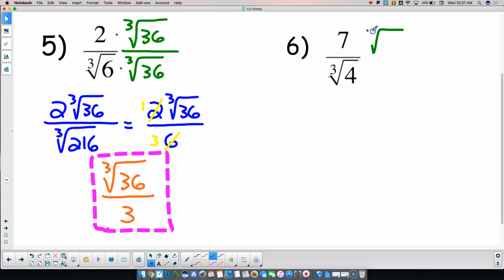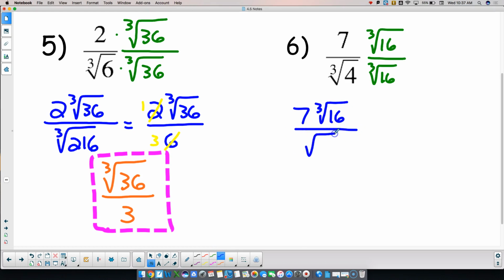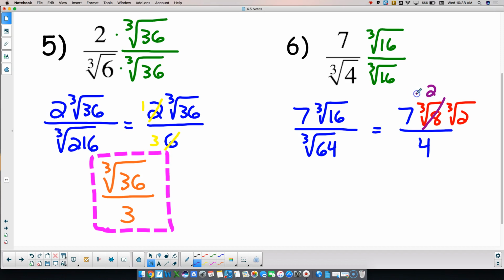I can do the cube root of 16 over the cube root of 16 because that then gives me 7 times the cube root of 16 over the cube root of 64, and that's good because the cube root of 64 is 4, but 16 has the cube root of 8 in it, and the cube root of 8 is 2.